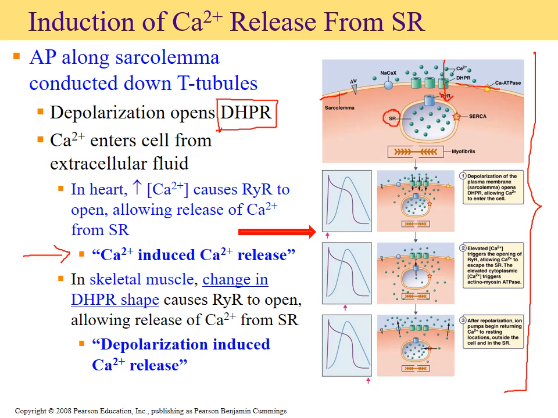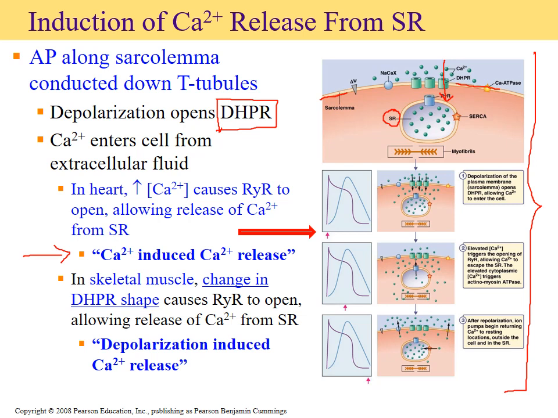In skeletal muscle, just like in cardiac, the DHPR channel is the first one to open up and the first one to allow calcium to flood into the cell. But the sarcoplasmic reticulum and its ryanodine receptor doesn't wait to see if the calcium concentration increases before it opens up. As soon as it notices that the DHPR receptor goes through a conformational change and is activated, it will automatically respond as well and open up.